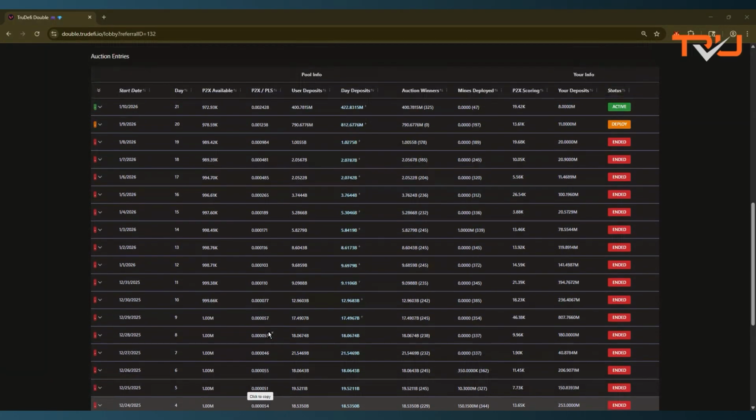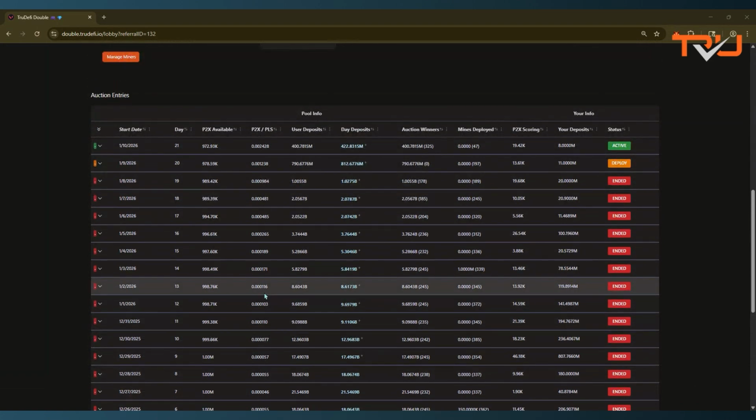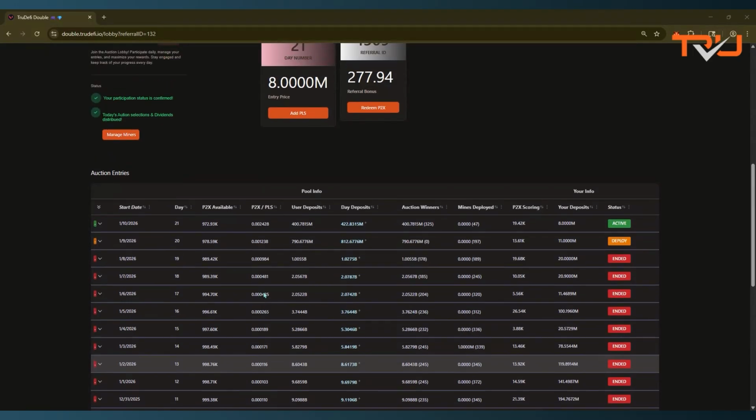And what that means is as time goes on, there's more and more shares that are being distributed to fewer and fewer depositors, meaning the share rate per deposit is better and better.